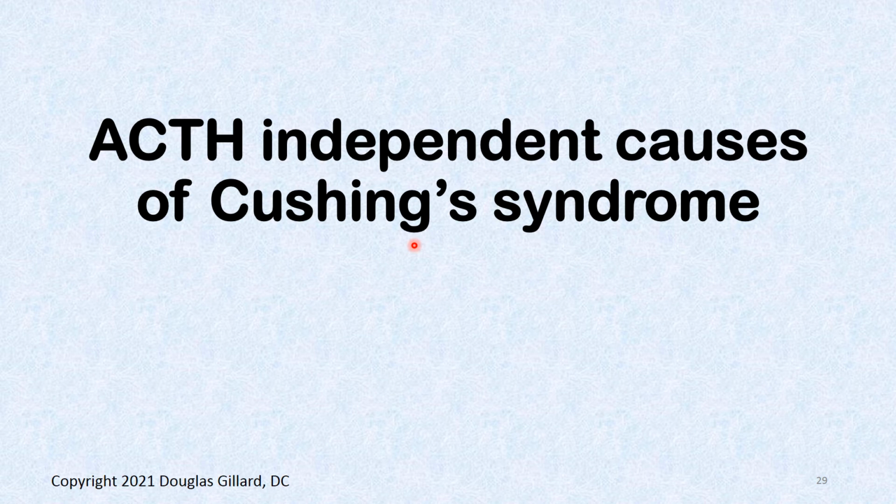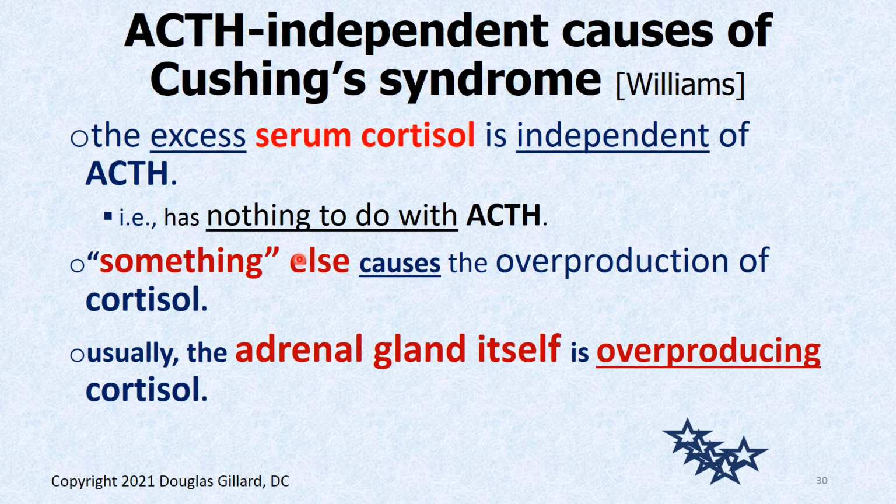All right, what about ACTH-independent causes? So independent means there's nothing wrong with the HPA axis, there's no tumor in the pituitary, ACTH production is normal. It means that cortisol is being cranked out by the adrenal gland itself, or something else is cranking out cortisol independent of it being driven by ACTH.